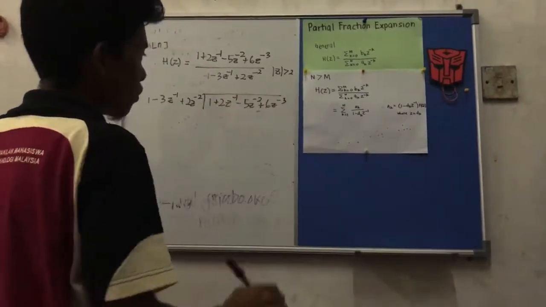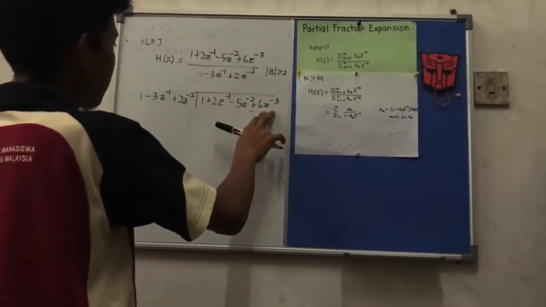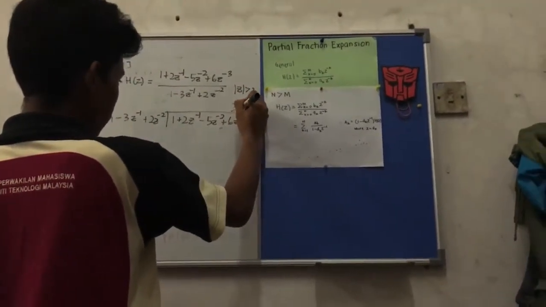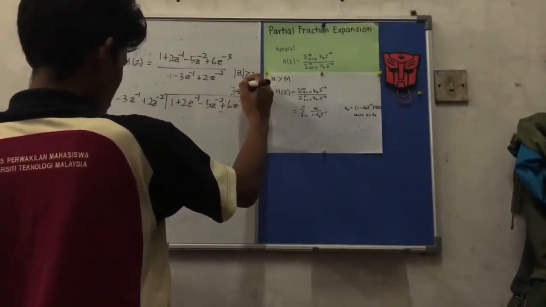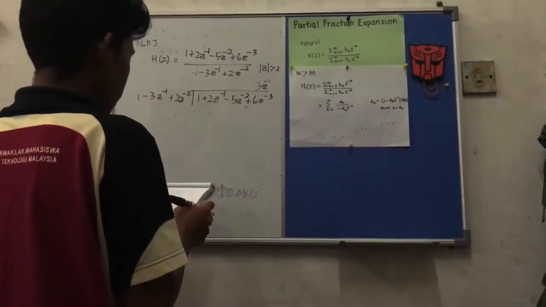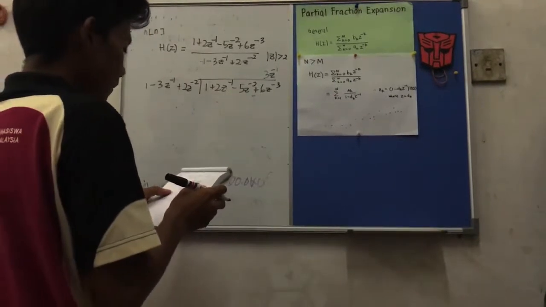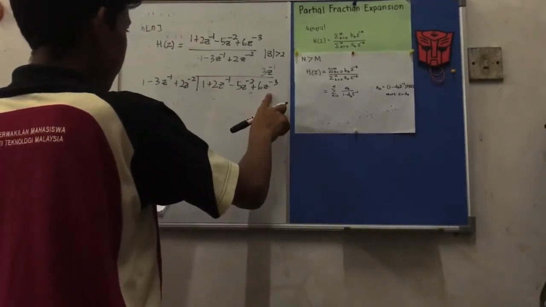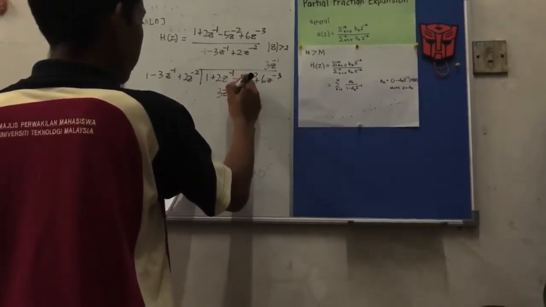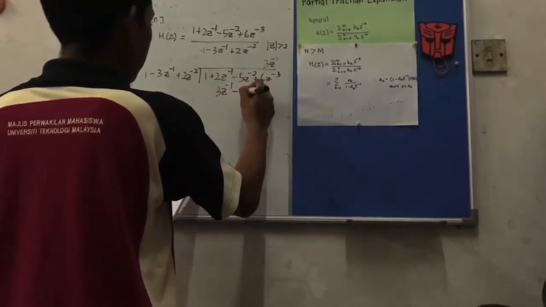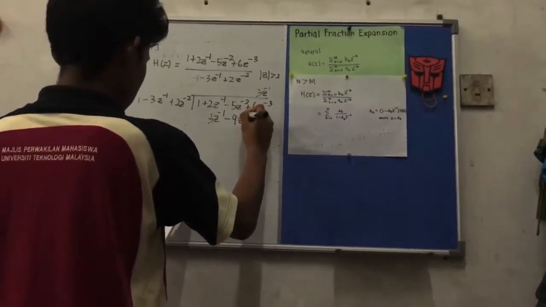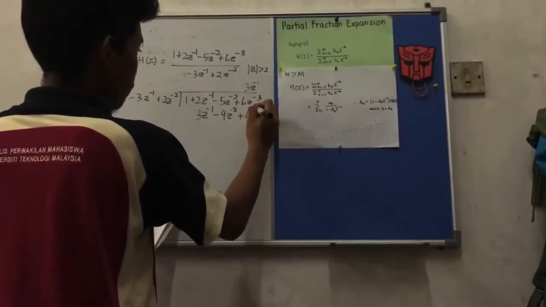So we are going to start from the first term, multiply with 3z^(-1). So we got 3z^(-1) minus 9z^(-2) plus 6z^(-3).